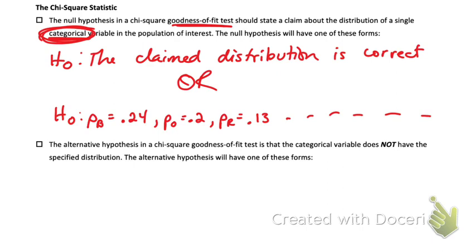I could write each individual one if I wanted to. Or I could just write the claim distribution is correct. Your choice. Can we do that for the one that we're learning? Yeah, totally your choice. Your call.